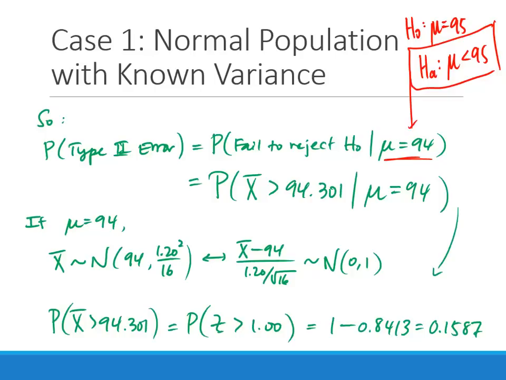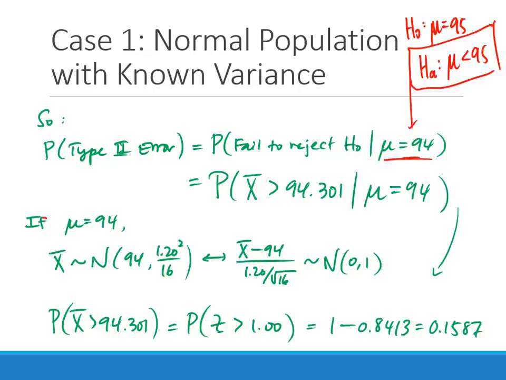What we talked about was that if the mean really was 94, then the distribution of x bar is normal with mean 94 and variance the same as before, sigma squared over n. And that's how we get down to this bottom row. So the probability that the sample mean is bigger than 94.301, when the true mean is actually 94, I can calculate here.